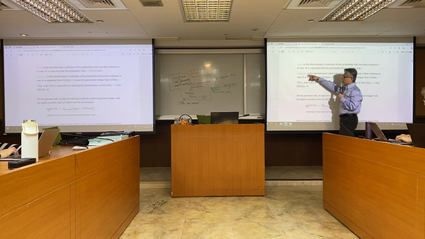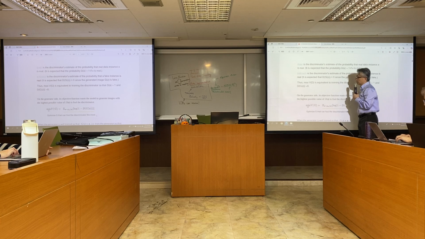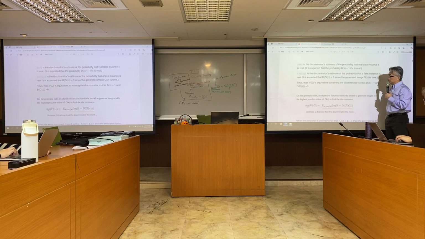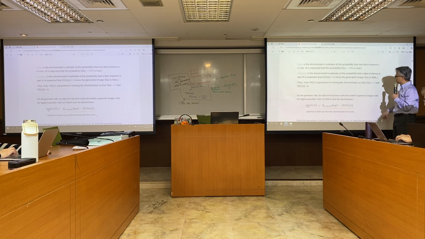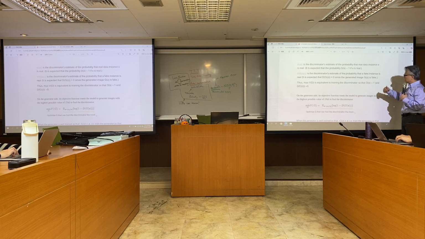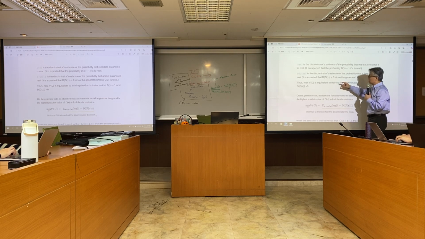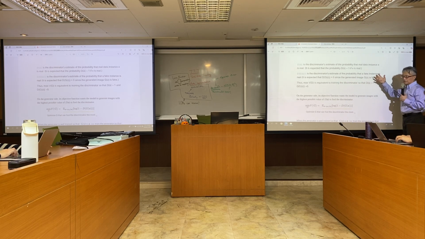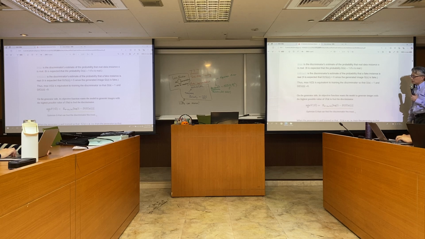Then, is it real? The discriminator of the G of Z is the discriminator's estimate of the probability that a fake instance, this generated instance, is real. So it is expected that D of G is equal to 0, since the generated image is a fake. It's not a real one.